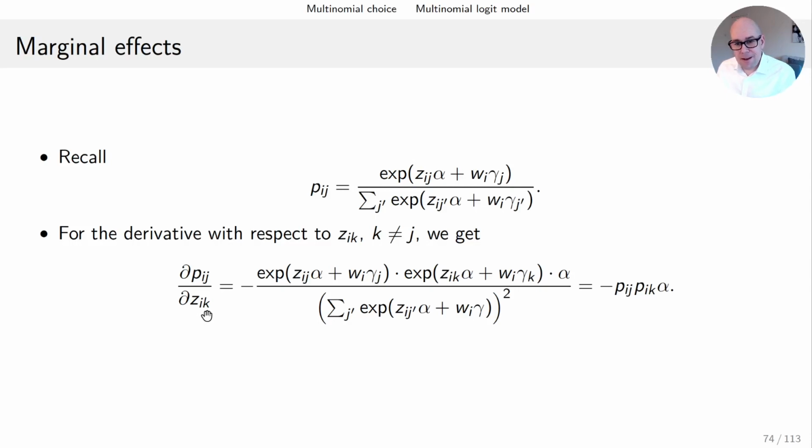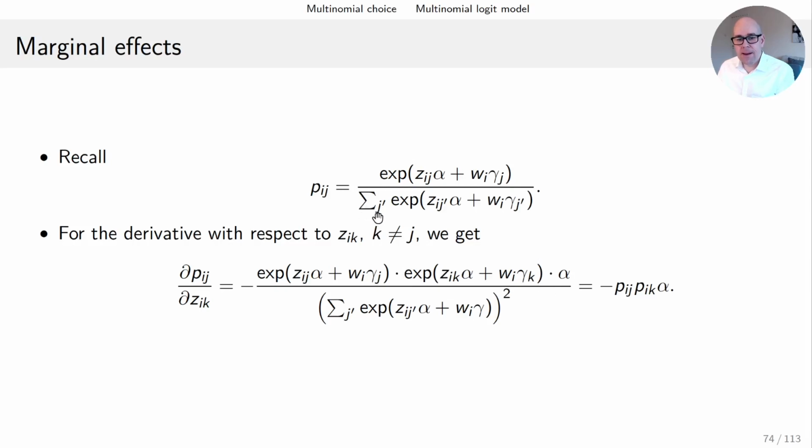And in fact, Zik does not enter the numerator. So when I use the formula for the quotient rule, the first of these two terms goes away anyway. So what I will then have is minus the numerator times the derivative of the denominator with respect to Zik.